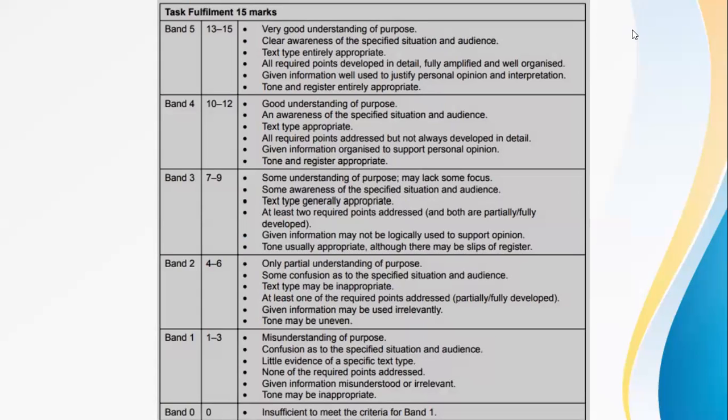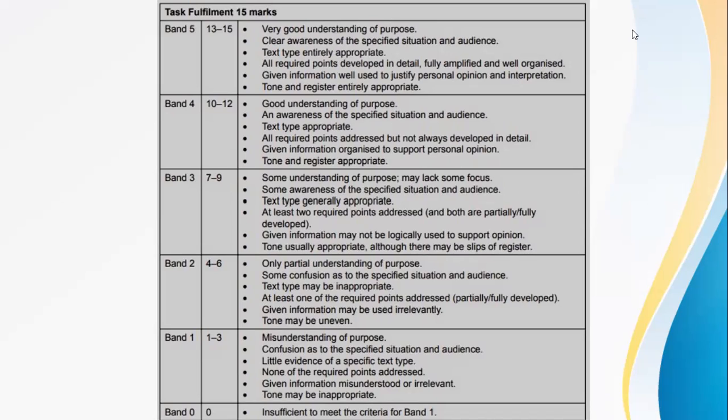For this part, when you have a clear understanding of the question as well as a clear awareness of the specific situation given, and you're addressing your points or ideas to the appropriate audience, then it shows that all the required points are developed in detail, whereby you are addressing all the 3 content points or bullet points given with good explanation as well as examples, with appropriate tone and register used. You will be awarded at least 13 to 15 marks, which is almost the full marks.